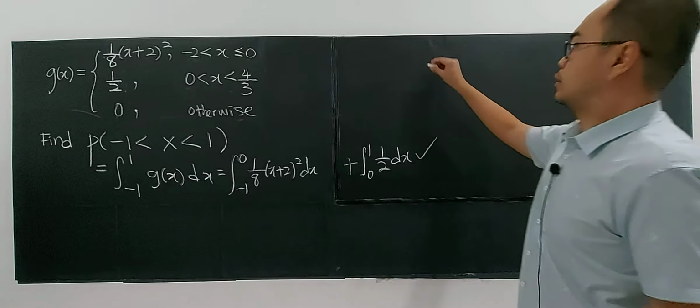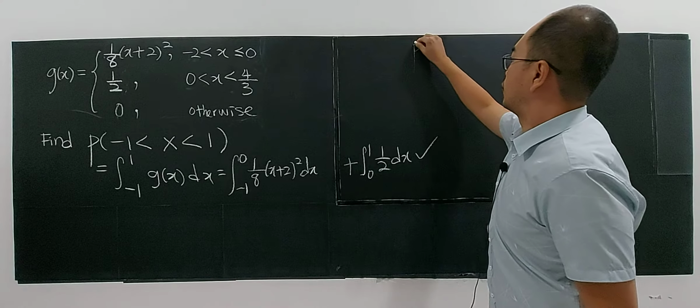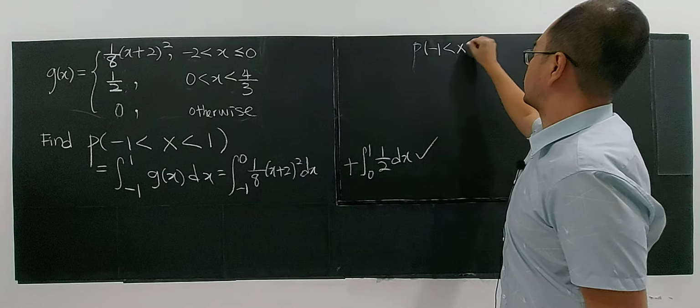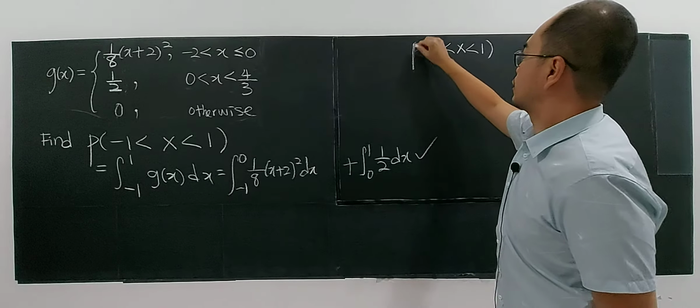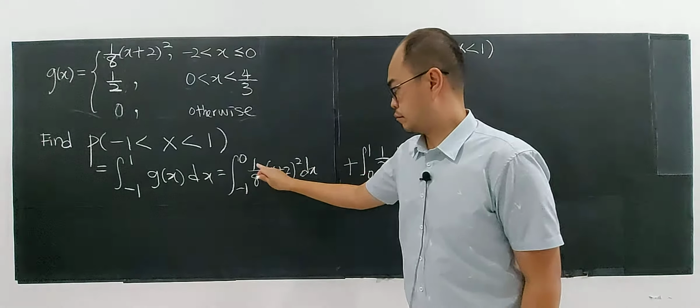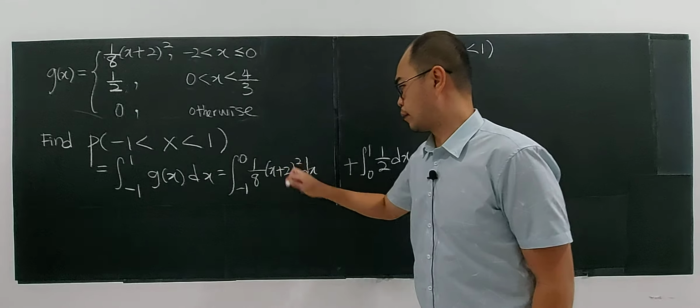So, very simple. The probability of x between negative 1 and 1 is the same as integrating (x plus 2) to the power of 2.